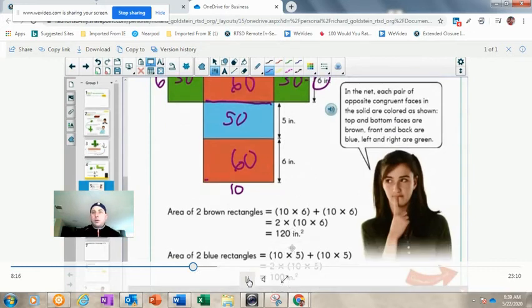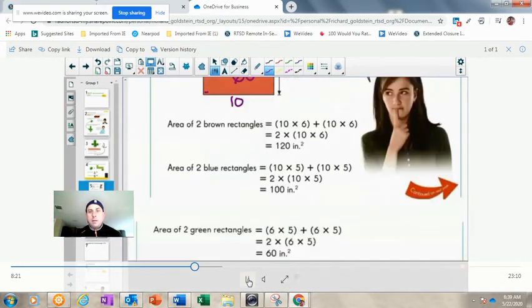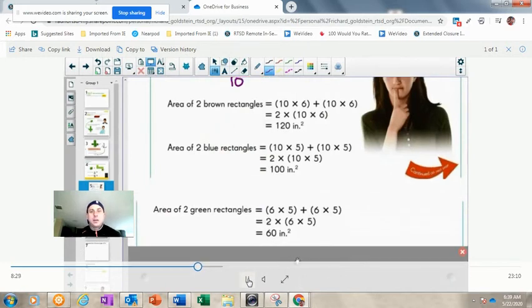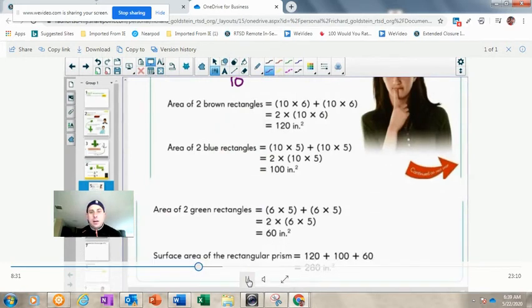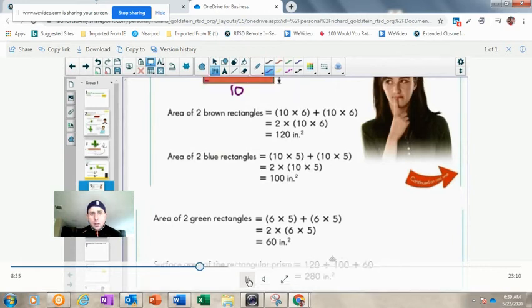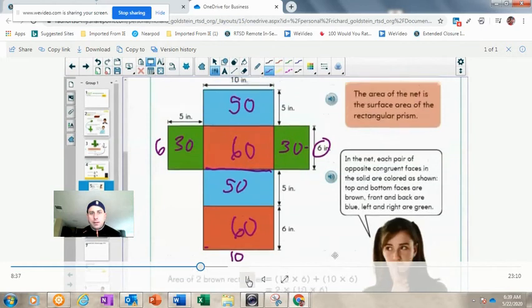You could use order of operations and you could build out, using PEMDAS and parentheses, what this equation would look like. And there are, again, a couple of different ways of doing that. But you could see area of 2 of the brown rectangles, they look kind of red on my screen, would be the 60, right?